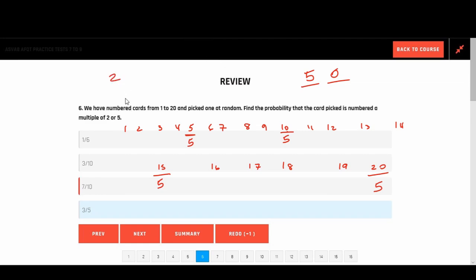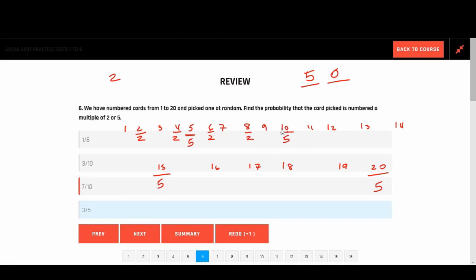As for 2, if anything is an even number, it's typically divisible by 2. 2 is divisible by 2, so that's a multiple of 2. 4 is divisible by 2. 6 is divisible by 2. 8 is divisible by 2.